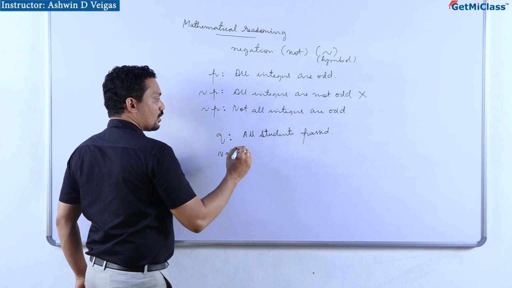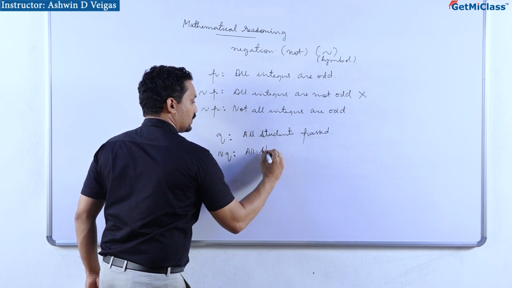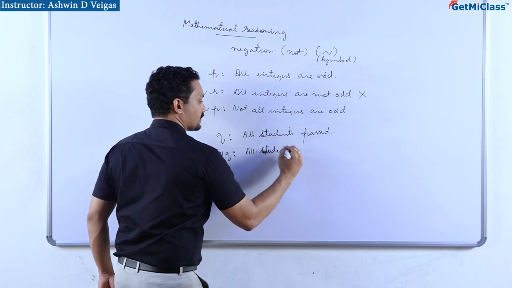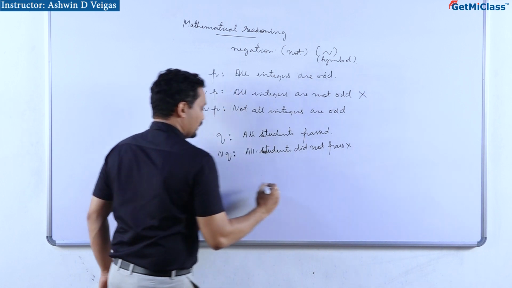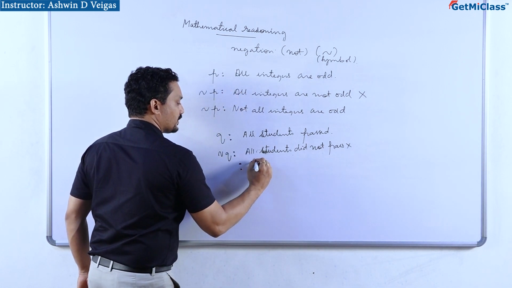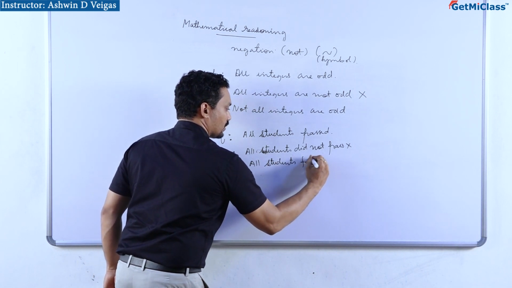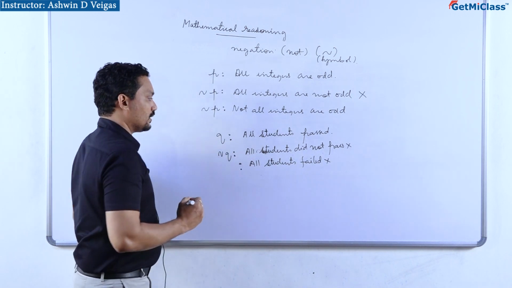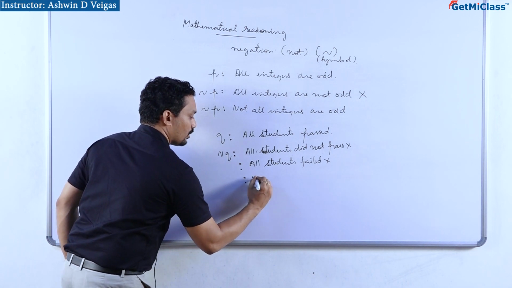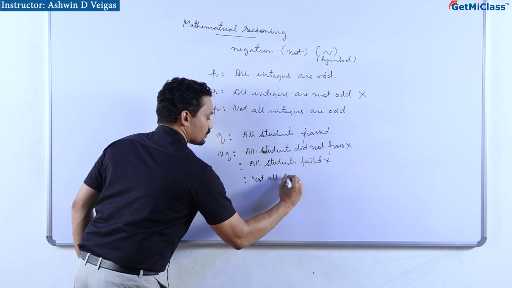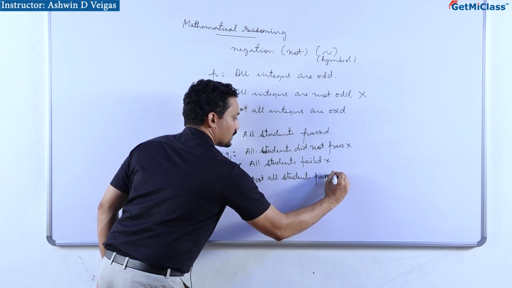Suppose anybody says all students did not pass, this is wrong. If anybody says all students failed, this is also wrong. But if anybody says not all students passed, then this will be the correct negation.